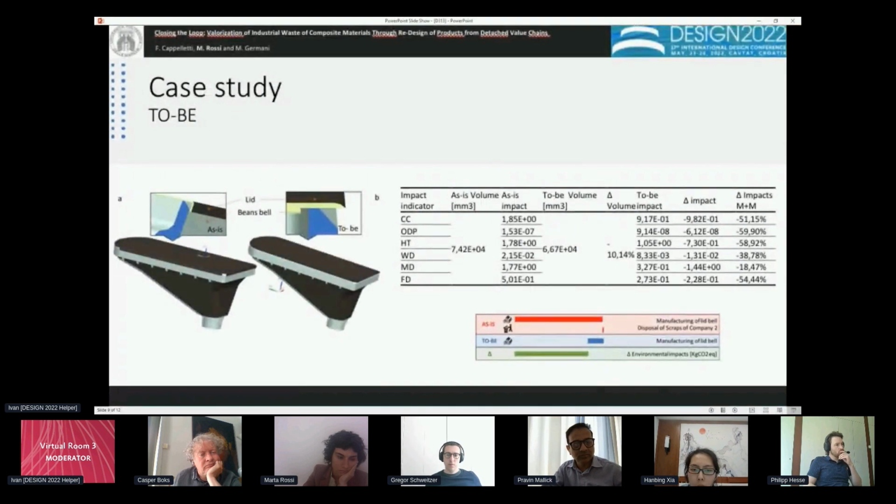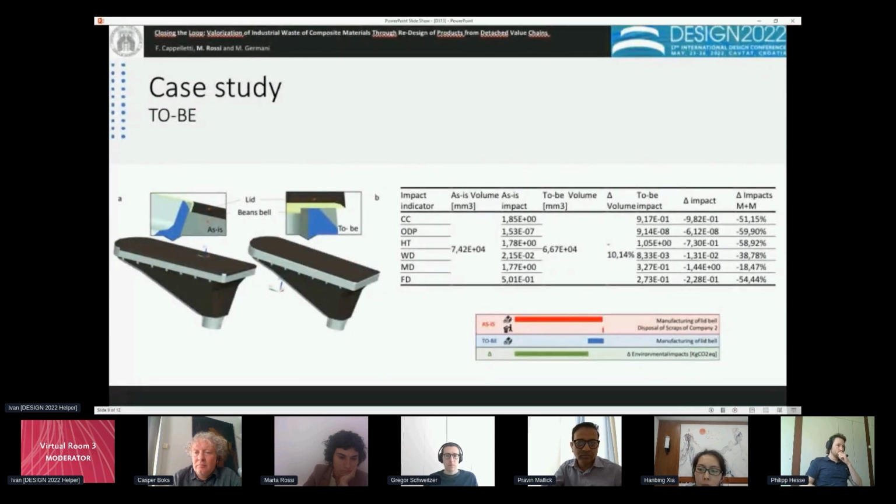The lid has the function to cover the coffee beans, thus preventing them from being exposed to light, humidity, and dust. The lid, as shown in the figure, had initially a specific shape intended to couple with the bell and stay stable over it. Redesign actions modified its geometry so that neither bending nor material adding processes were needed.